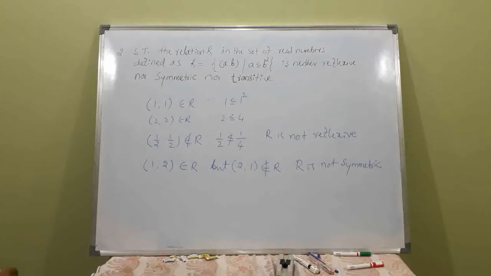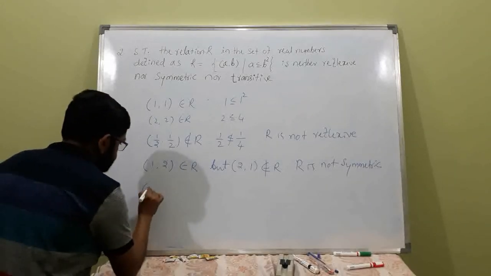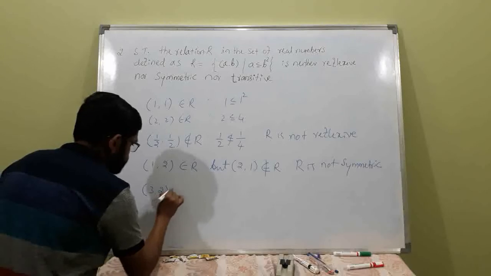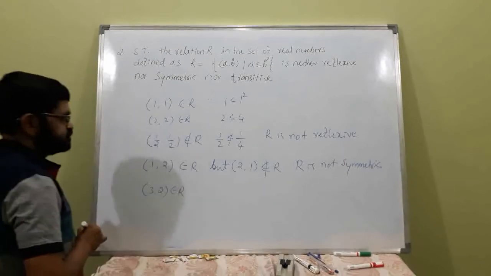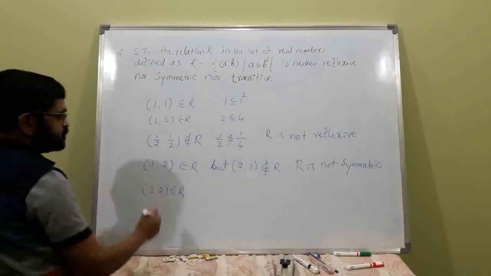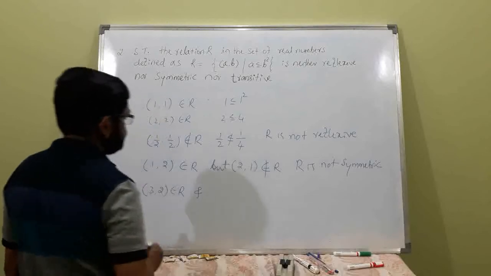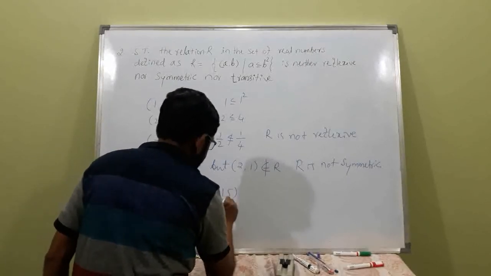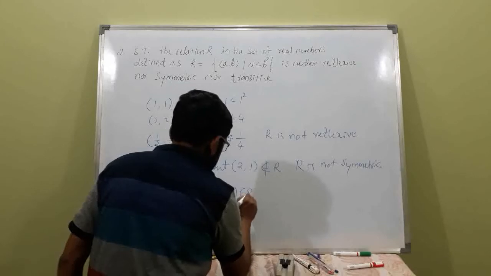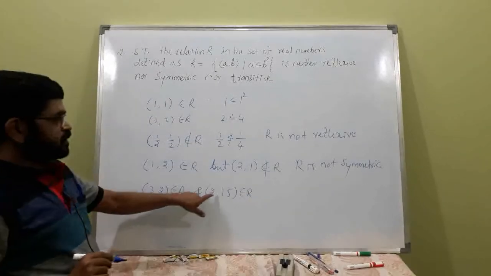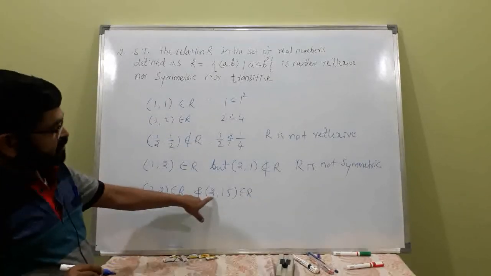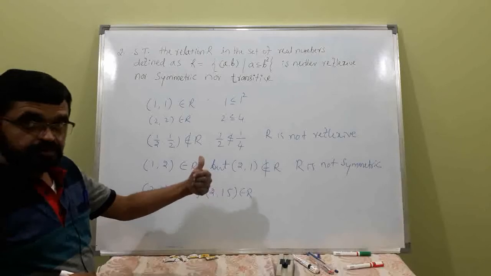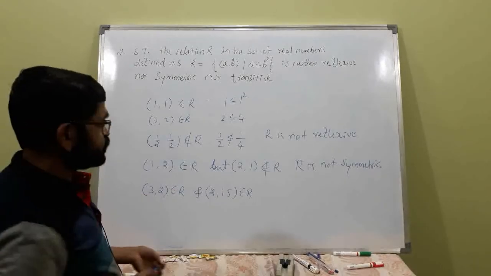Okay. Now (3, 2) belongs to R, since 3 is less than or equal to 4, and (2, 1.5) belongs to R, since 2 is less than or equal to 1.5 whole square, which is 2.25.